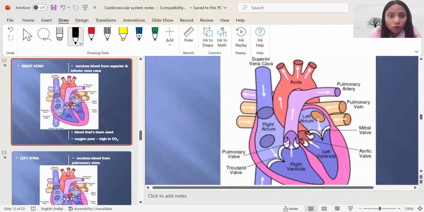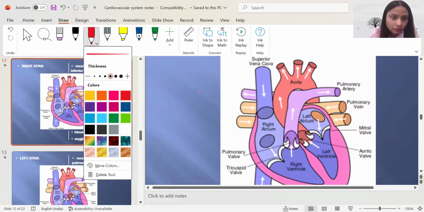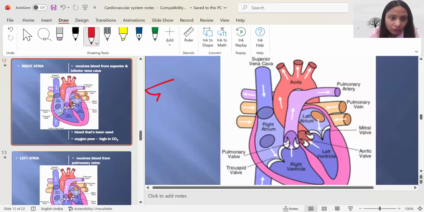Okay. I want to talk about ejection fraction. What is ejection fraction? Does anybody know? Have you ever heard of this term?